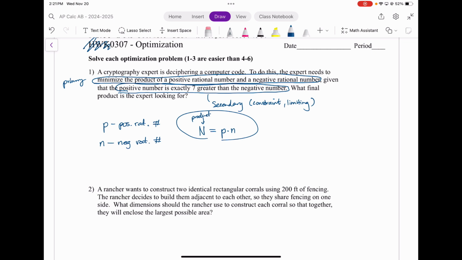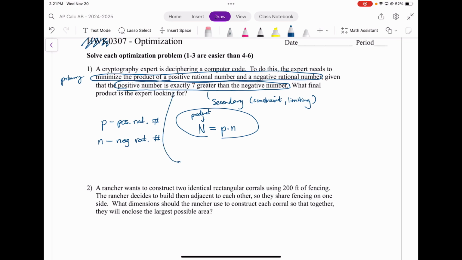The secondary comes from here. How do I relate the positive rational number to the negative? Well, they tell me the positive number equals exactly 7 greater than the negative. So 7 plus the negative number. So that's my secondary equation.